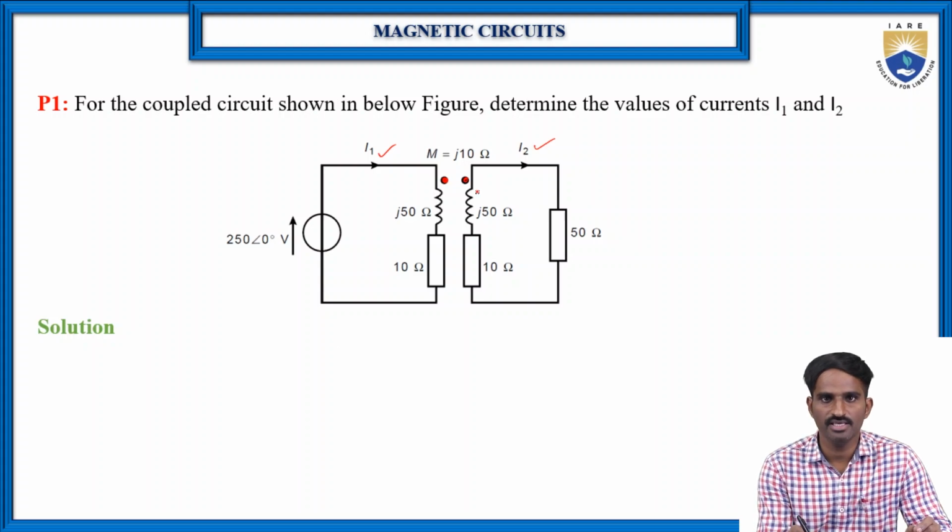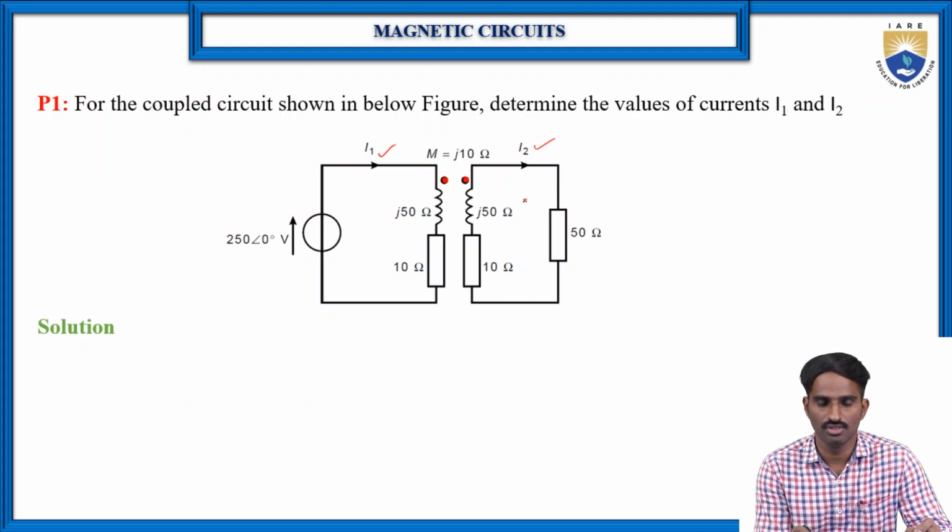But in the secondary circuit, the current is leaving from the dotted terminal. So in one circuit the current is entering at the dotted terminal, and in the other the current is leaving from the dotted terminal, which means the mutual induction sign will be negative, because both are in the opposite way. That's what we discussed in the previous class.